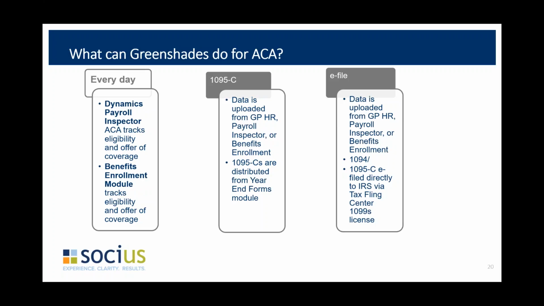And then lastly, if you're e-filing, the data is uploaded from GP HR, the payroll inspector or benefits enrollment, and they're then sent to the federal government. And then the 1094, 1095C are e-filed directly to the IRS via the Tax Filing Center 1099's license.